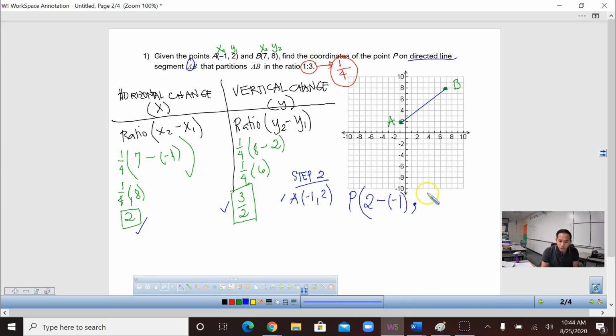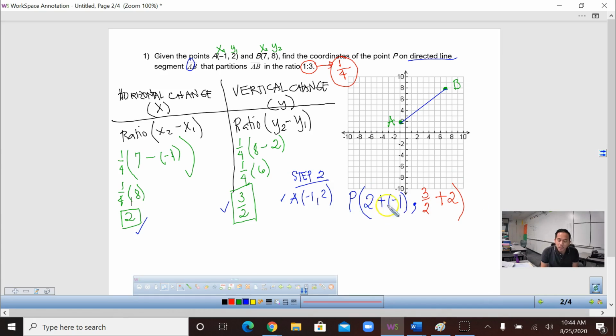Now I'm going to use 3/2 for the value of y: 3/2 minus the value of y on your A, which is 2. Or, I'm sorry, we have to add. It's not subtraction, we have to add. Sorry for the confusion. There you go.